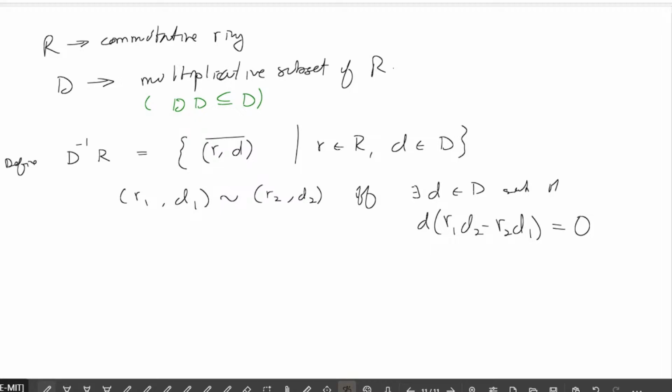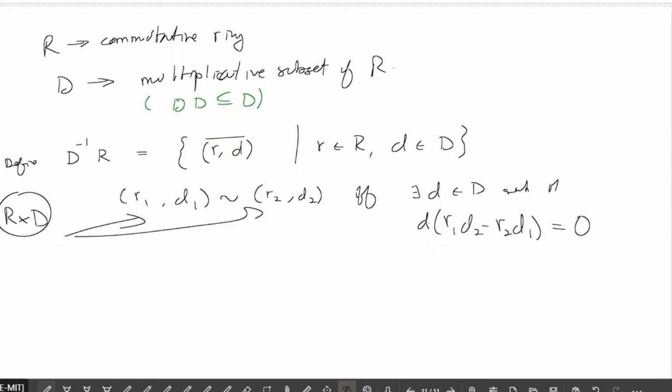Understand the definition carefully. You take the Cartesian product R cross D, take elements from that, and define an equivalence relation on R cross D as follows: (r1, d1) is equivalent to (r2, d2) if and only if there exists an element p in D such that p multiplied with (r1 d2 minus r2 d1) is 0.